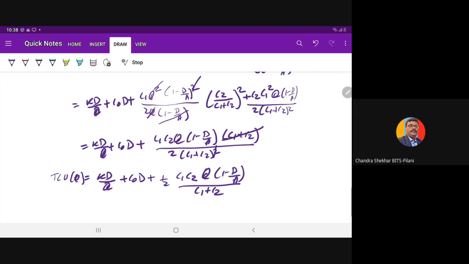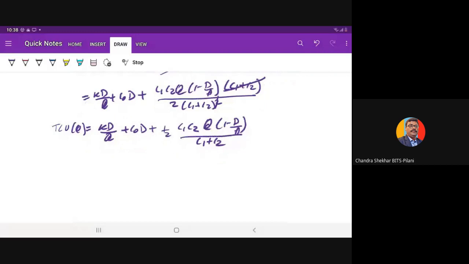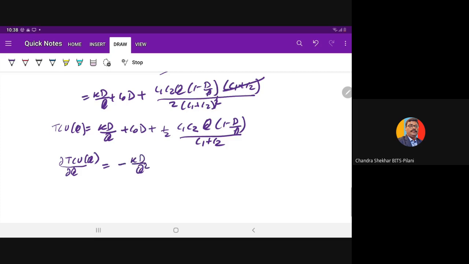So this is the value of TCU in terms of Q, because we have to compute the optimal Q star. So we apply the classical theory: del TCU by del Q, because it is a function of Q. The derivative of KD upon Q becomes minus KD upon Q square.